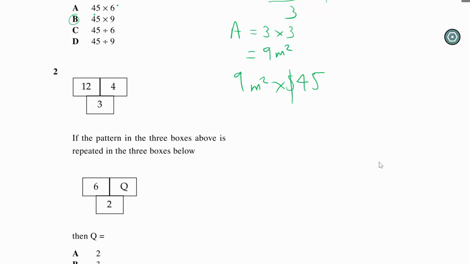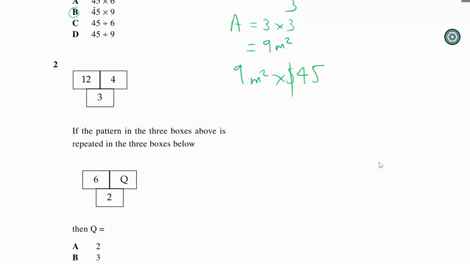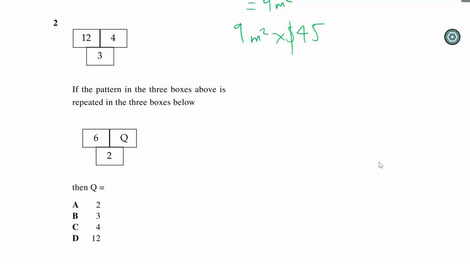Question 2. If the pattern in the 3 boxes above is repeated in the 3 boxes below, then Q will equal. So for questions like this, you have to find a pattern. Now the pattern in this question is 3 times 4 gives you 12.